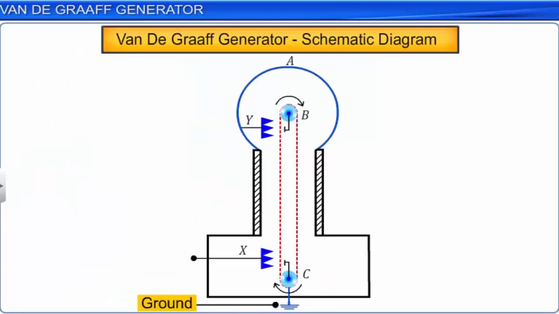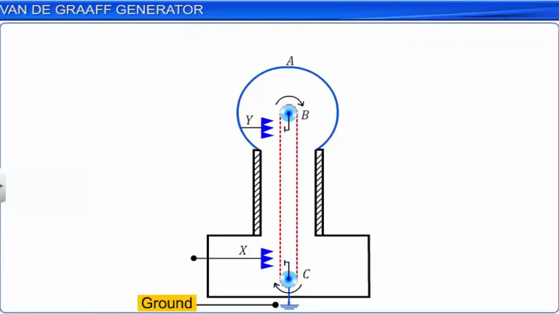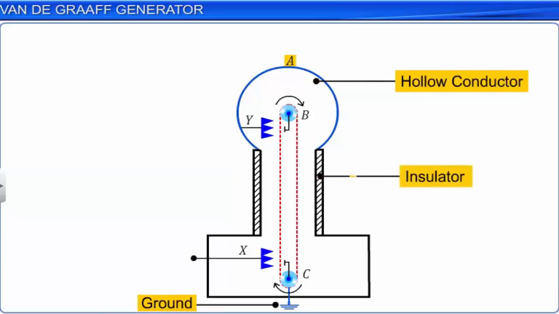The schematic diagram of the Van der Graaf generator is as shown. It consists of a hollow metallic conductor A, which is mounted on an insulating column. A pulley B is mounted at the center of the sphere A. Another pulley C is mounted near the base of the conductor.